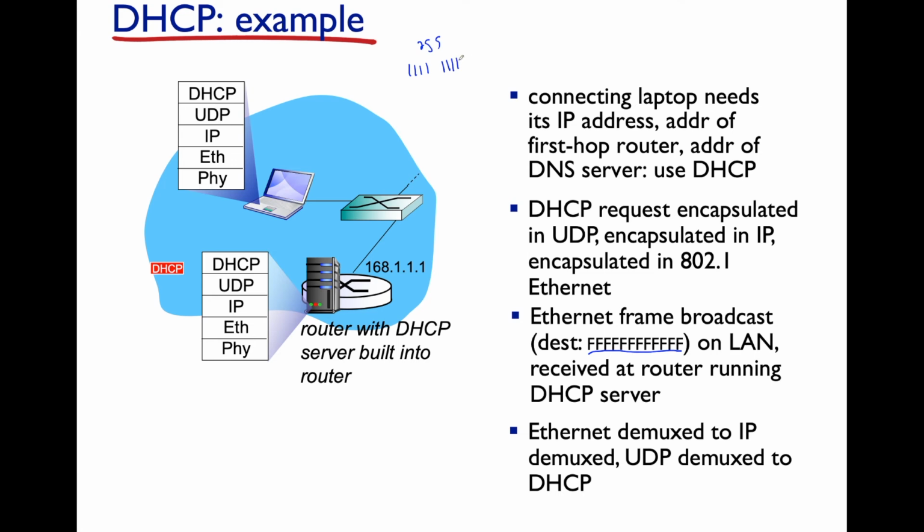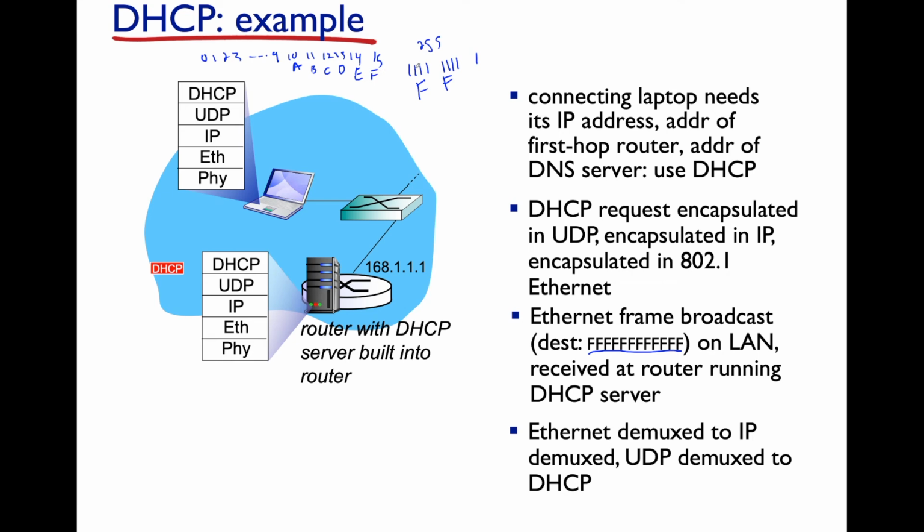So 255 is nothing more than F, F. In hexadecimal, you depict numbers as 0, 1, 2, 3, up to 9. And when you get to 10, you use the alphabetic character A, 11 is B, 12 is C, 13 is D, 14 is E, and 15 is F.